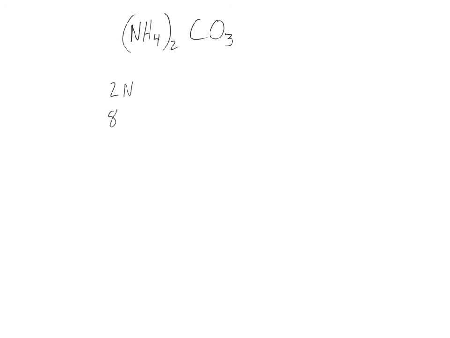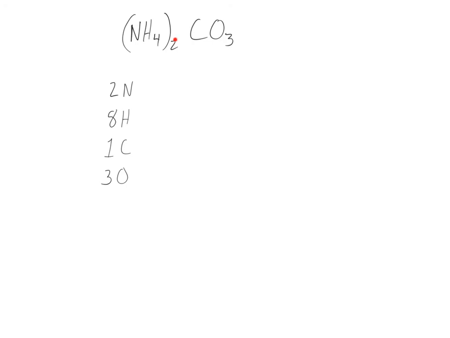It has 8 hydrogens in it, 1 carbon, and 3 oxygens. So this ionic compound is made out of 14 atoms, 2 of them nitrogen, 8 of them hydrogen, 1 carbon, 3 of them being oxygen.